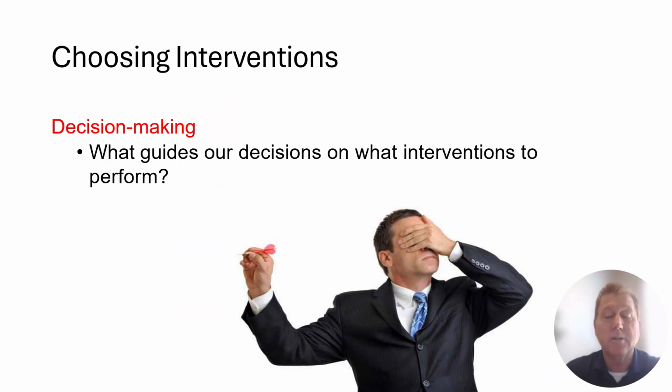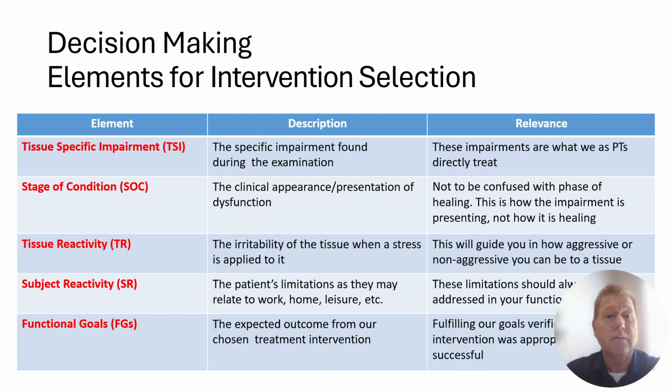Choosing our interventions. Some of you right now may feel like this guy here, just kind of throwing a blindfolded dart. But really what's guiding our decision making on these interventions is what we are finding throughout our examination, and the subjective activity that we did back in video 1, where we really try to dive in and figure out what's going on from a functional standpoint.